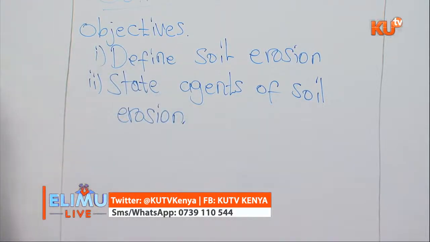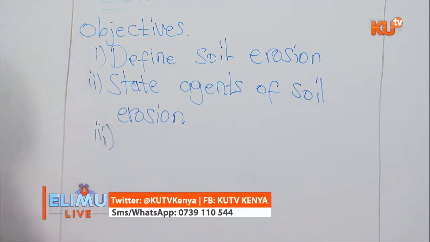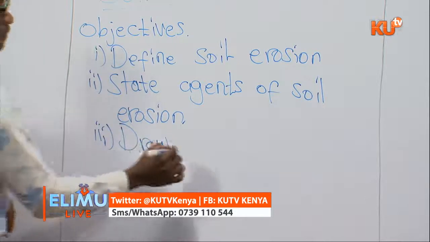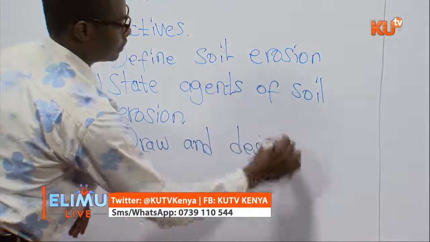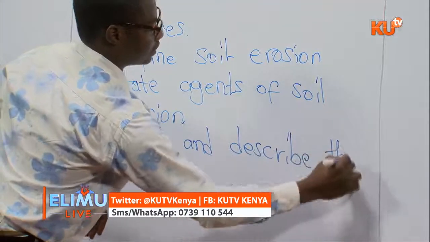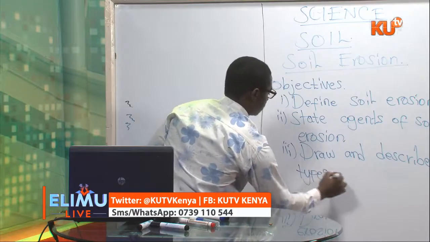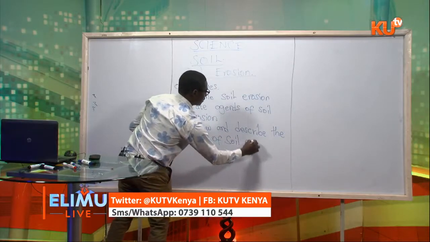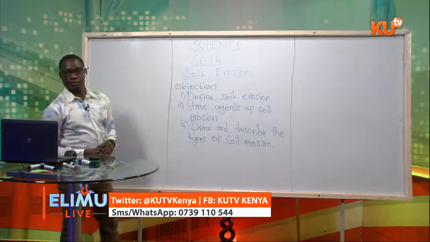And objective number 3, you need to draw and describe the types of soil erosion. So these are our 3 objectives for the lesson.